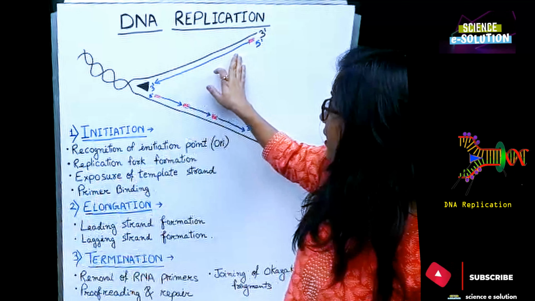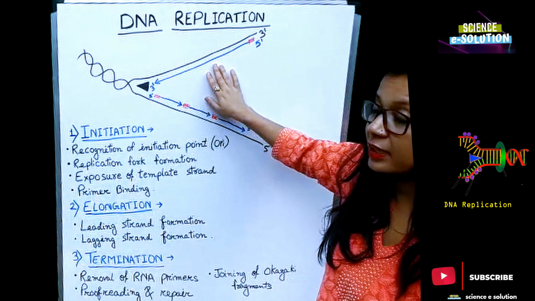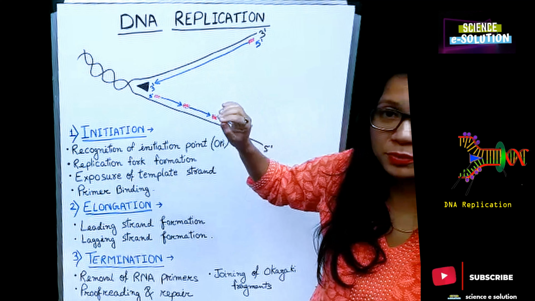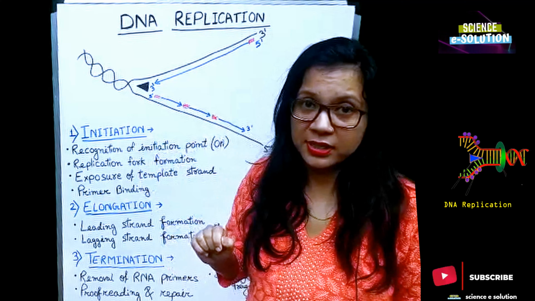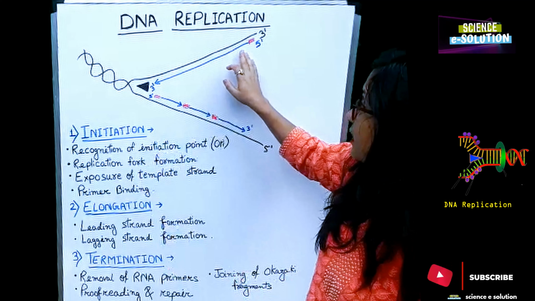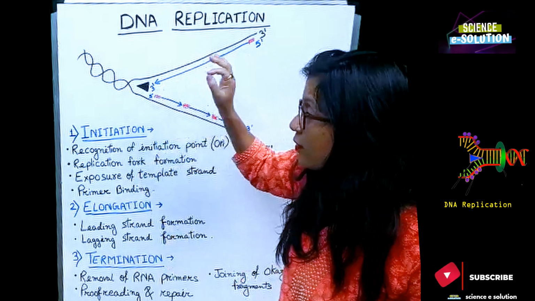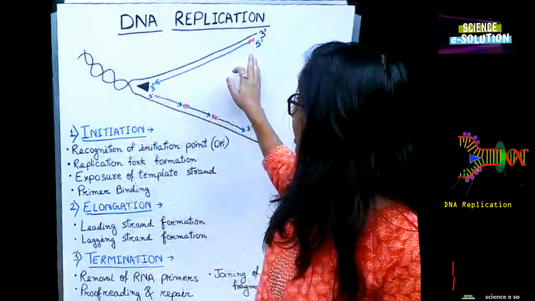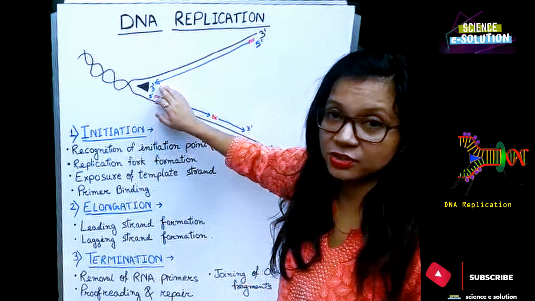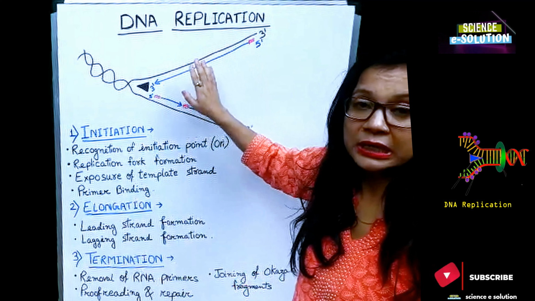When we talk about DNA replication, we basically talk about the leading strand. This leading strand is synthesized by DNA polymerase 3 in prokaryotes or delta in eukaryotes, and it takes place in the 5' to 3' direction. Always the new nucleotides are added from 5' to 3'. You can see here 5' to 3'.